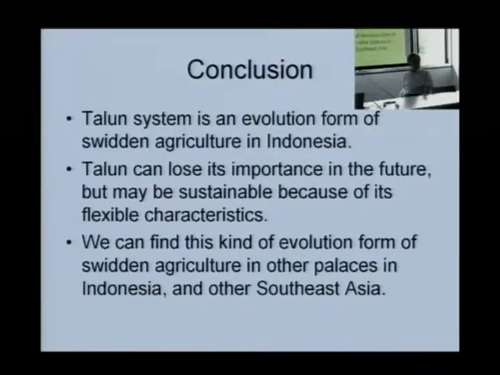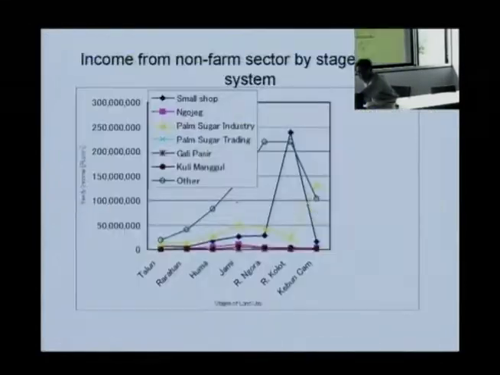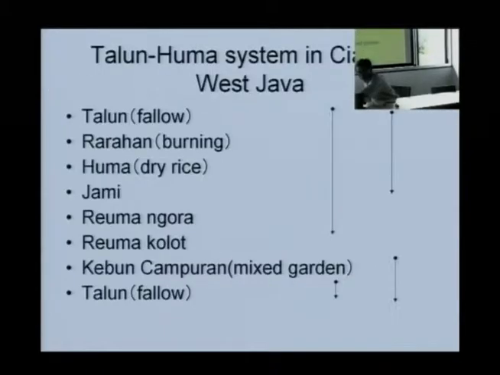But in West Java, we can see the evolved swidden agriculture. As I said, the traditional swidden agriculture has only 3 stages: burning, dry rice, and then cereal food or root crops are planted.